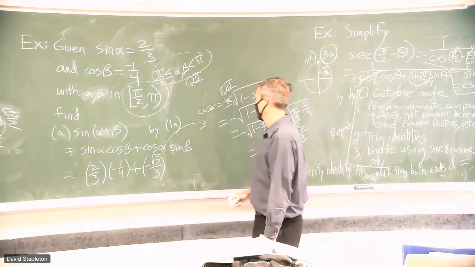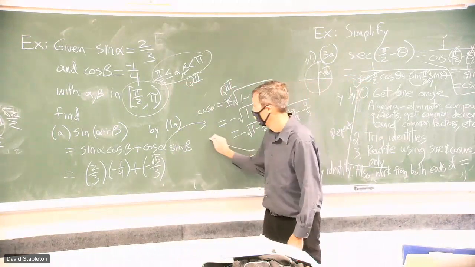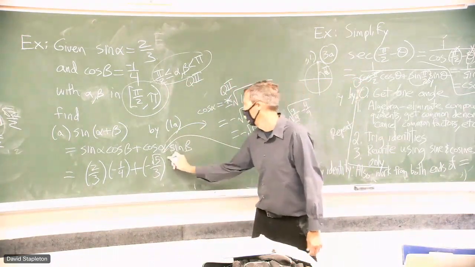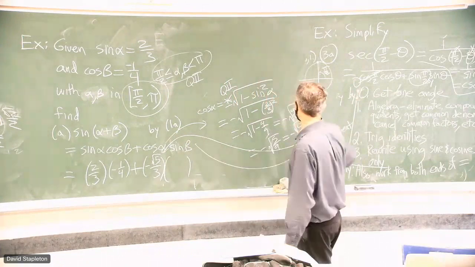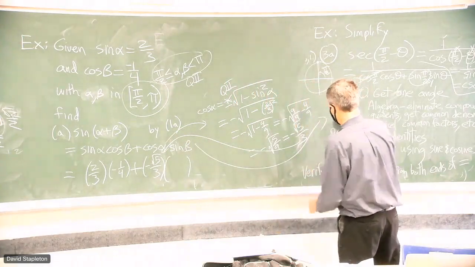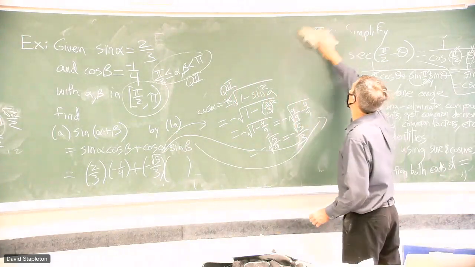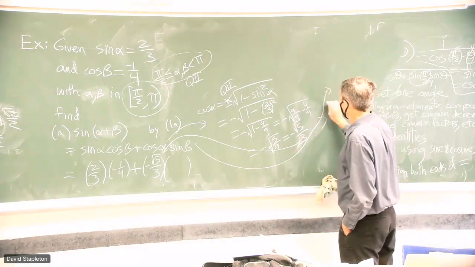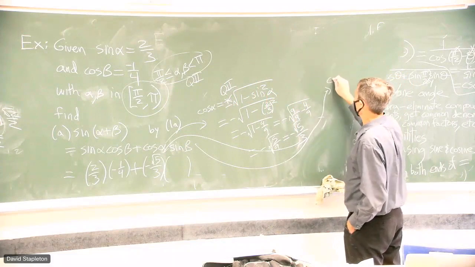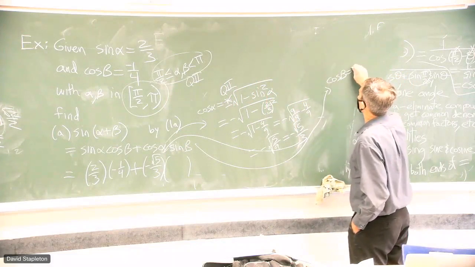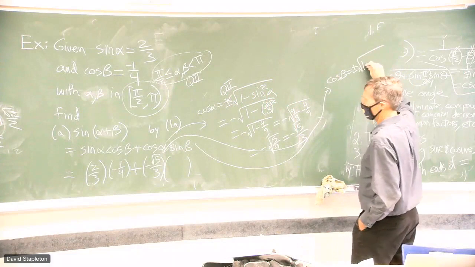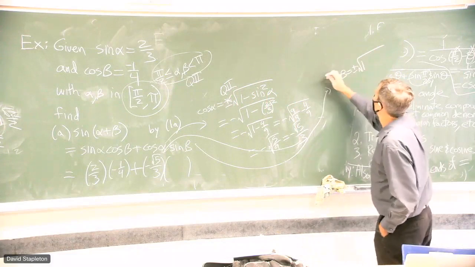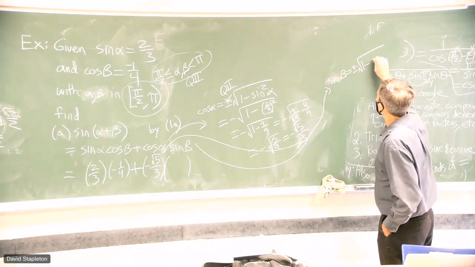What about sine beta? If I follow the same process, if I have cosine and find sine, sine beta is plus or minus the square root of 1 minus cosine squared.